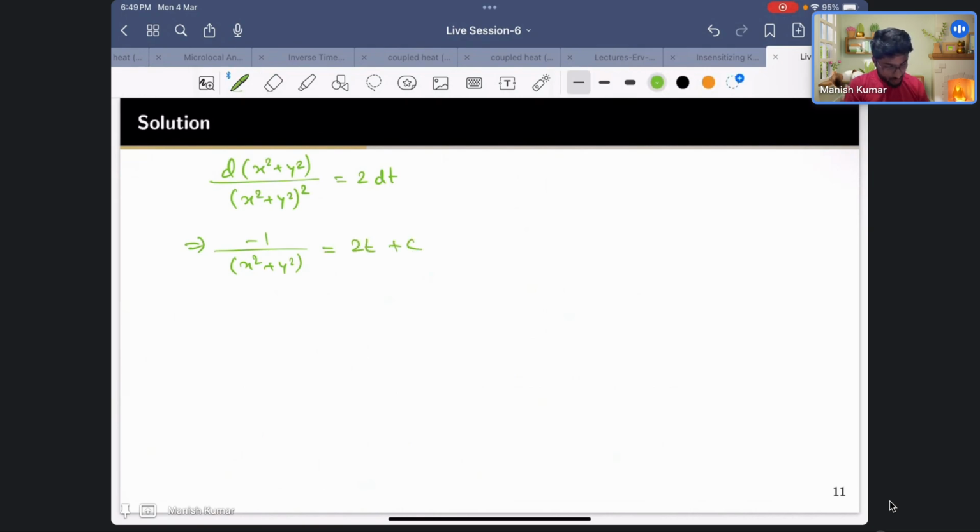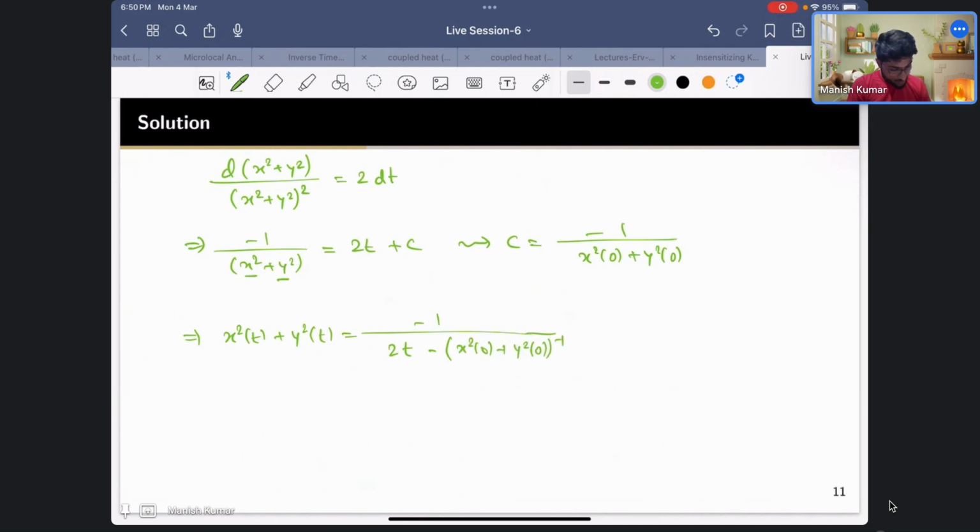If you put t equal to 0, you get c is minus 1 by (x square 0 plus y square 0). So x square t plus y square t is nothing but minus 1 by (2t plus c), where c is minus of (x square 0 plus y square 0) whole inverse.